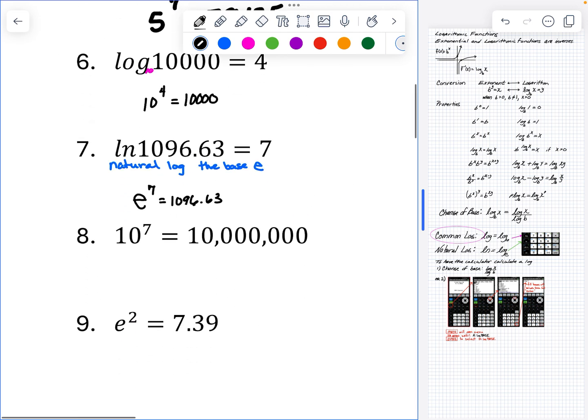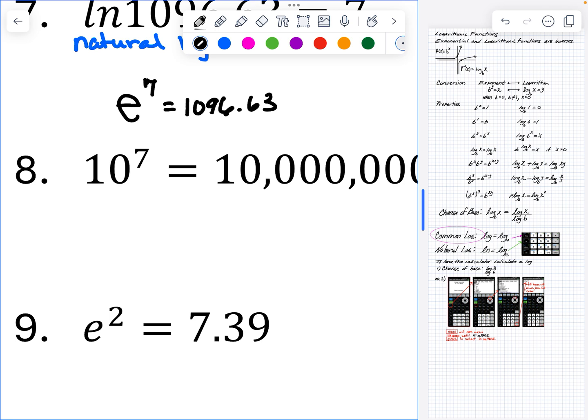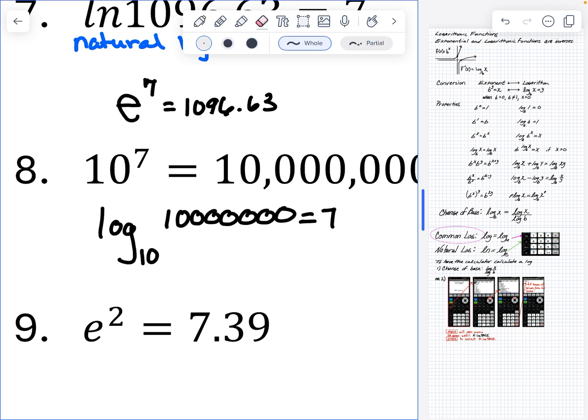So this is an exponent. I need to write it as a logarithm. So I'm going to say I have a logarithm whose base is 10 that gives me 1, 2, 3, 4, 5, 6, 7 zeros. That's 10 million equals 7. And then, by the way, because it is a common log, a base of 10, you don't need to put the base. So you can just put that.